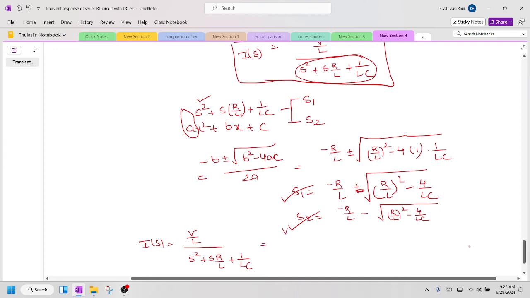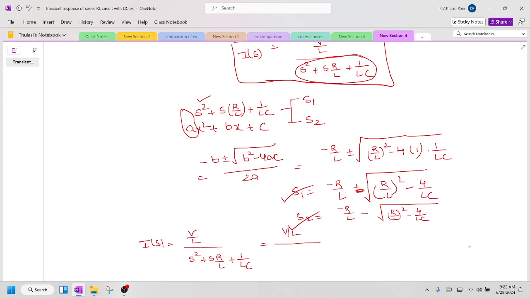This you can write as V by L divided by S minus S1, one root, and S minus S2, the other root. These are the two roots which are possible.